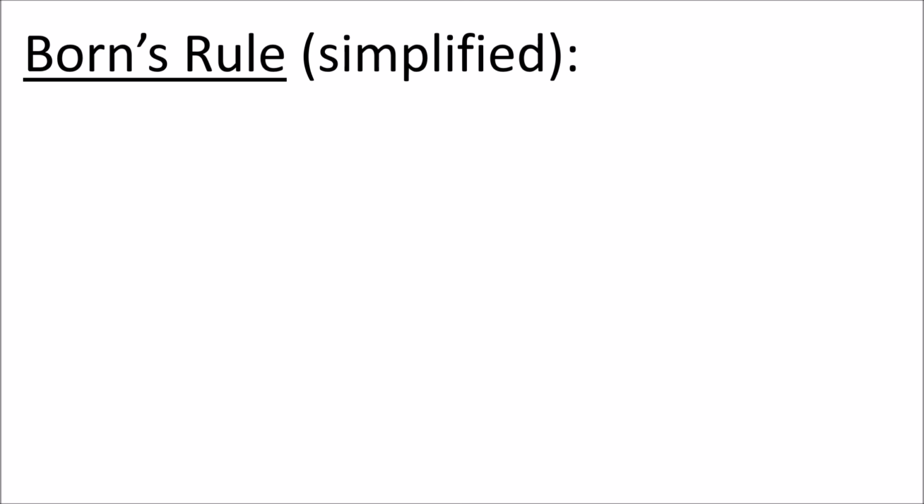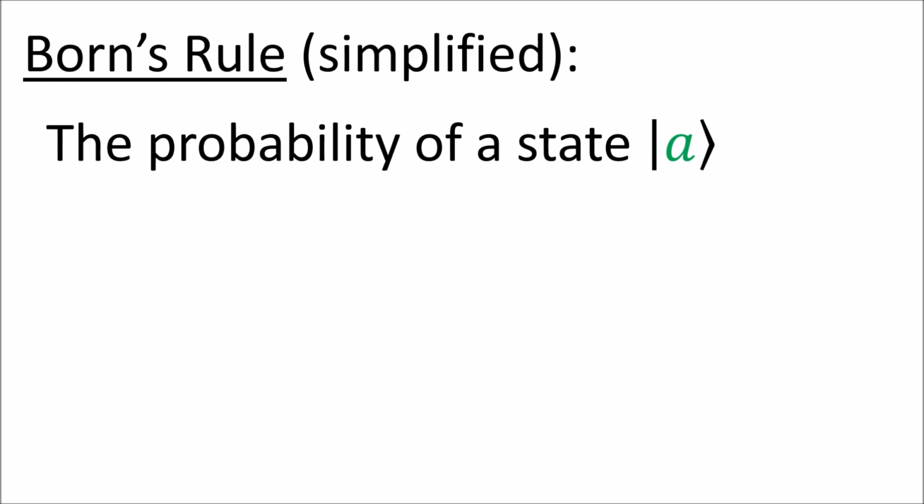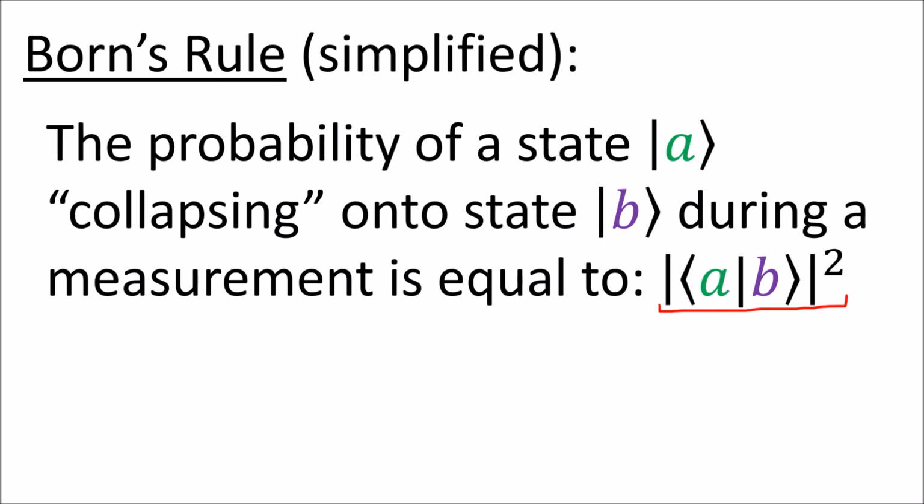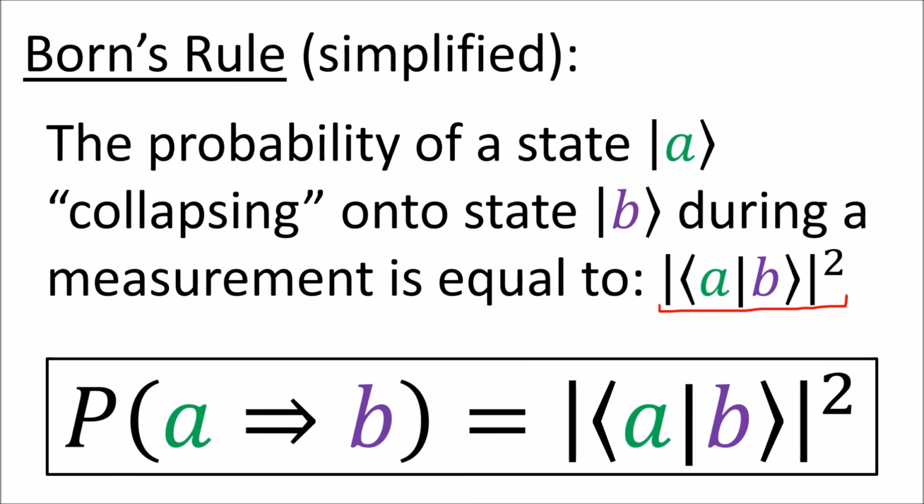In simplified form, Born's rule tells us that when we want to know the probability of some state A collapsing onto a state B after a measurement, this probability equals the squared magnitude of the inner product of the states A and B, written in Bra-Ket notation like this.